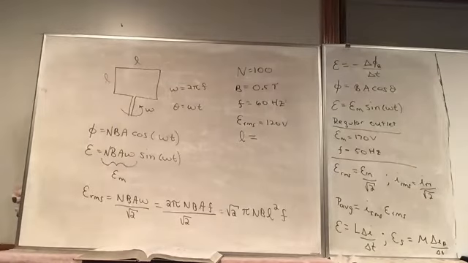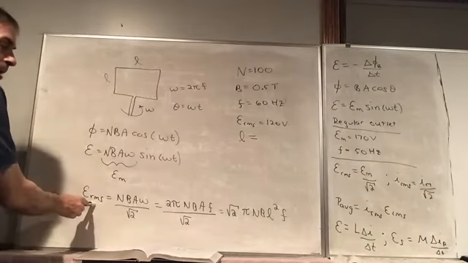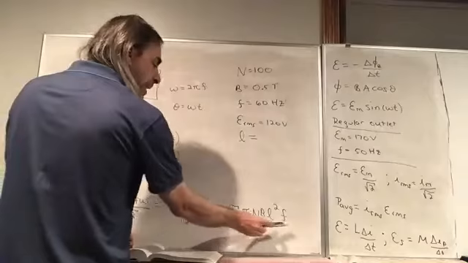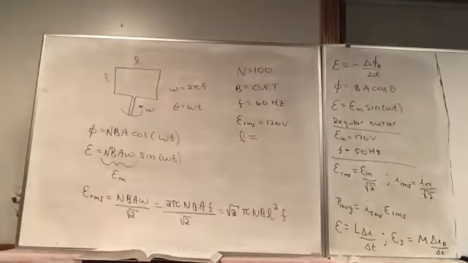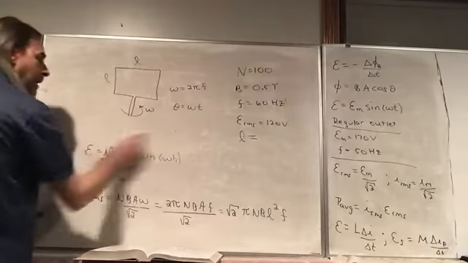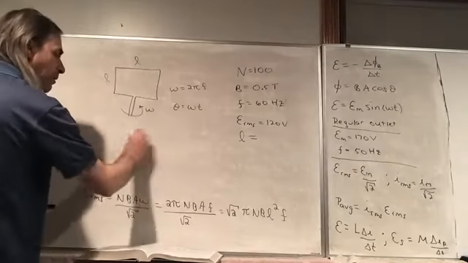And now I think we have everything we need. We want to solve for L. So we know ERMS, we know N, B, and f. We are out of room on the board, but I'm going to erase this and just solve for L squared.